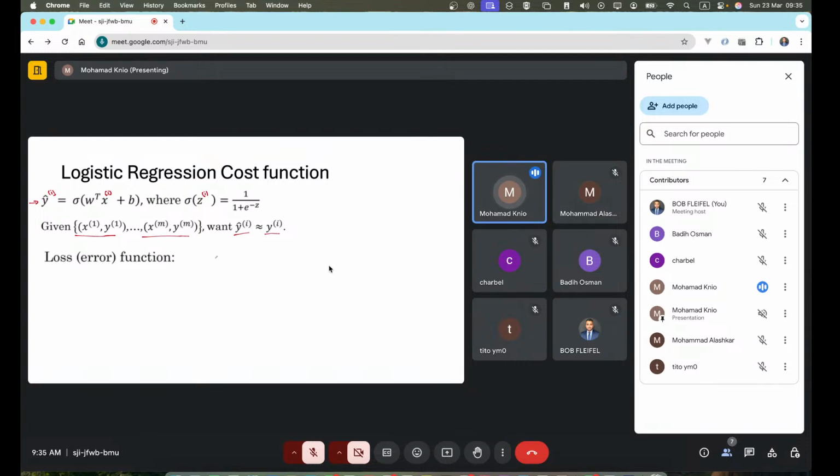The loss function is usually L, which takes y hat and y, and it would usually be a half (y hat minus y) squared.